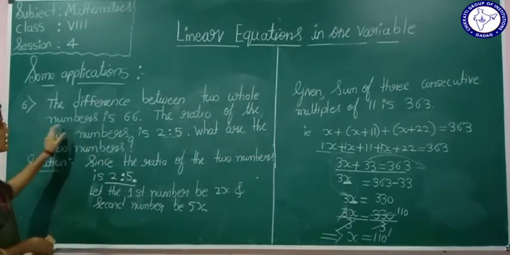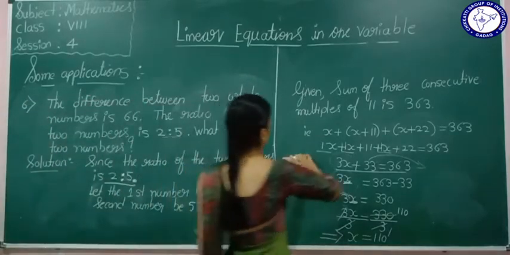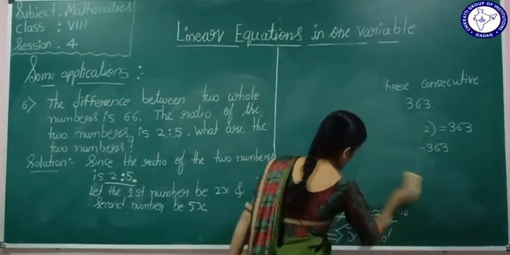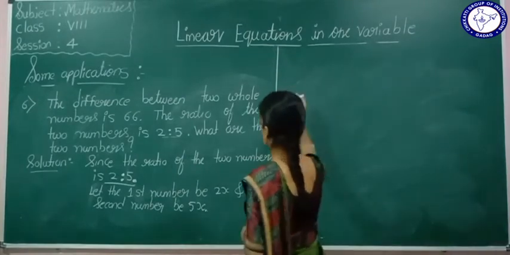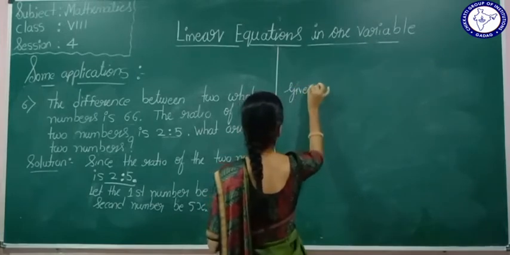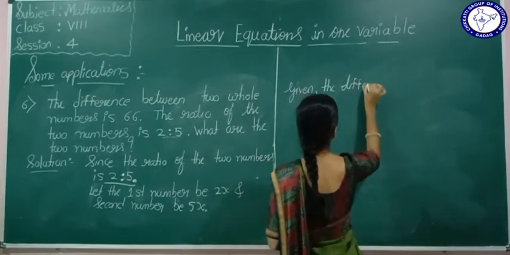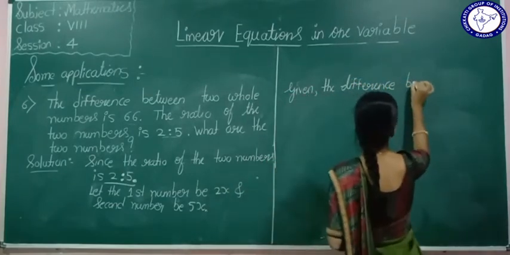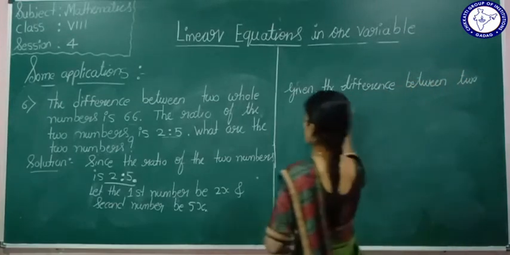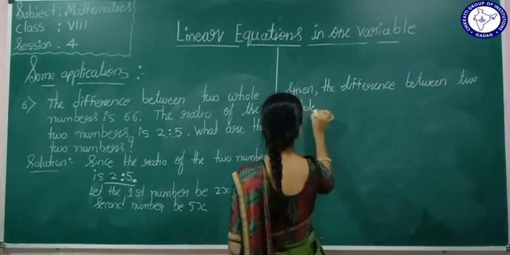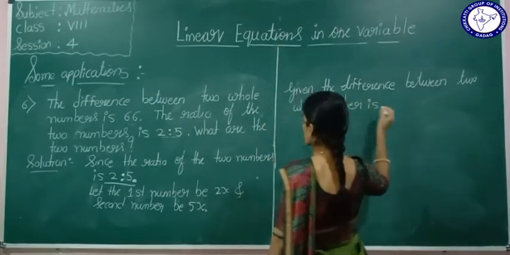What is the given condition? The difference between the two whole numbers is 66.